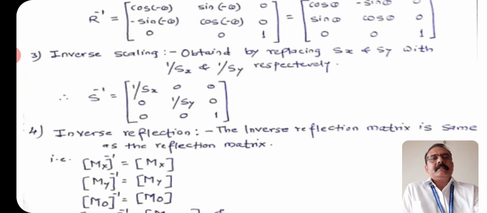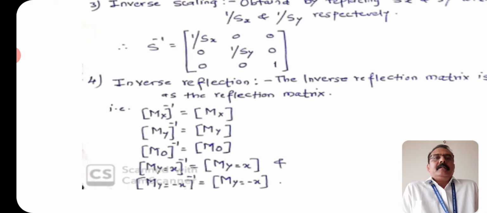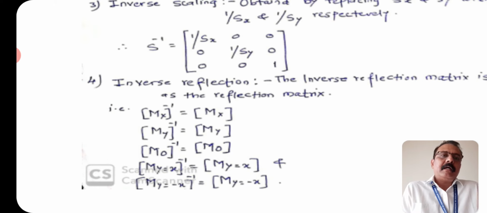Similarly, the inverse reflection matrix is the same as the reflection matrix. There is no change. The inverse reflection matrix about the x-axis is equal to the reflection matrix about the x-axis, and the inverse reflection matrix about the y-axis is equal to the reflection matrix about the y-axis.